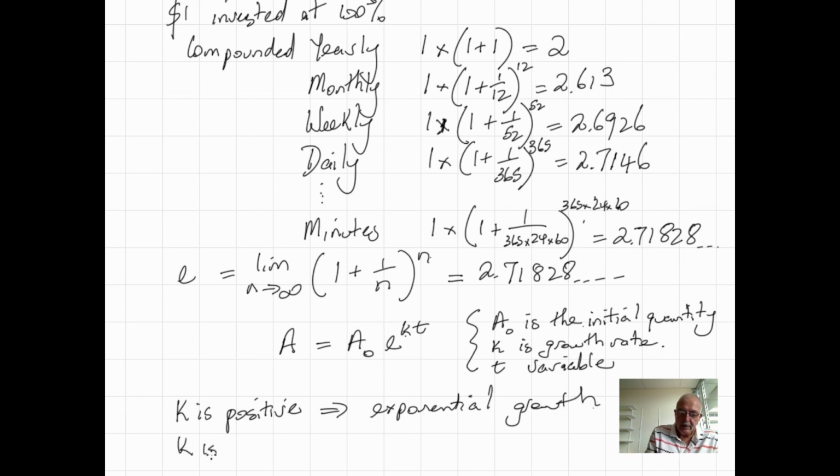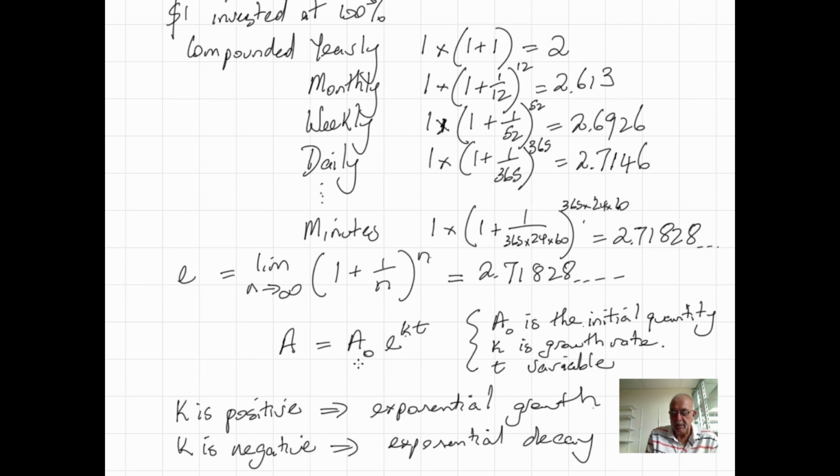If k is negative, we have exponential decay. So we have growth and decay. Time is always going to be positive, obviously. With k positive, we have growth. If k is negative, we have decay.